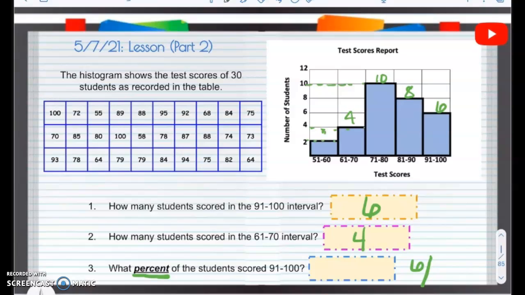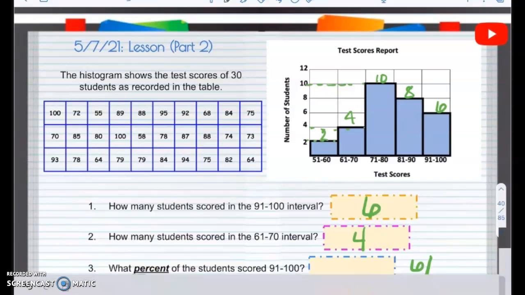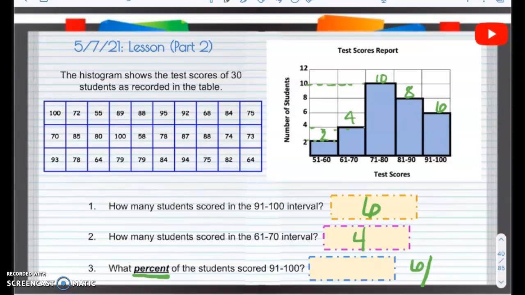If we add all those up, 4, 8, 9, 10, and 10 is going to be 24. 30 students. Oh, it says 30 students, duh. So it's 6 out of the 30 students. If you type in your calculator 6 divided by 30, you get 0.2, which also, if you move that decimal over 2 spaces, you get 20%.